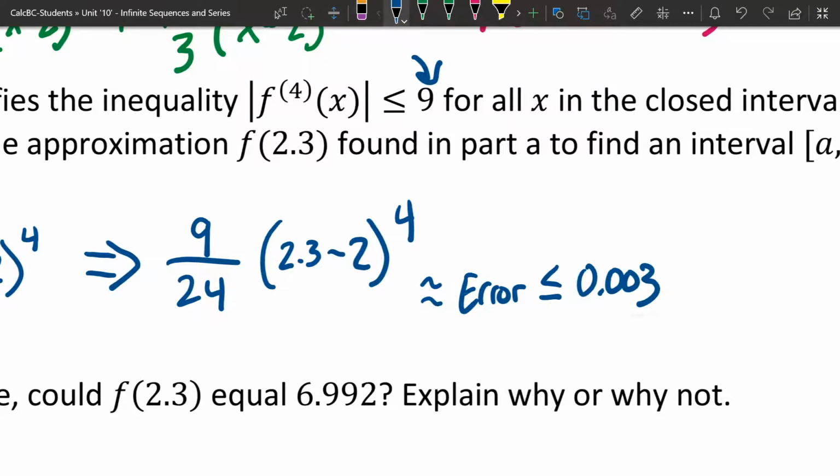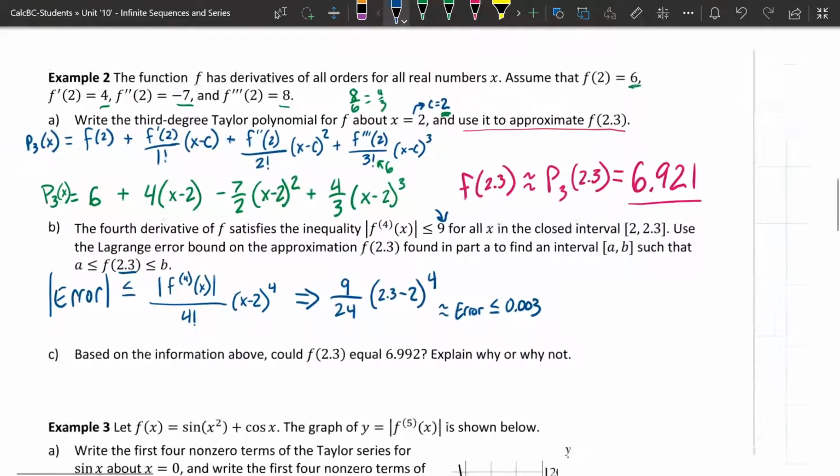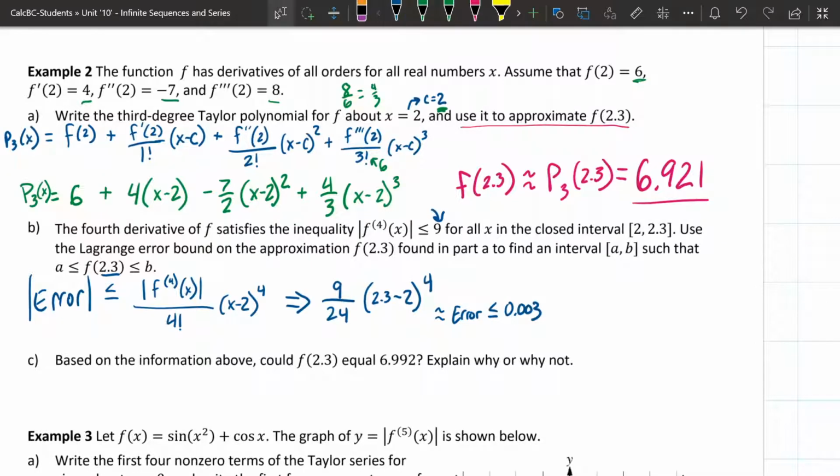What do they ask us for? They said use that error bound to find an interval that has f of 2.3 in the middle. If that is our error right there, let's take what we got for our approximation in that last problem, and let's add it and subtract it, putting it on either side of our actual f of 2.3.